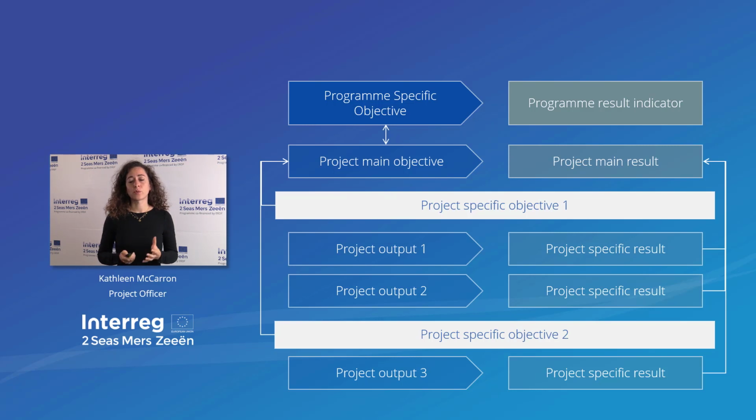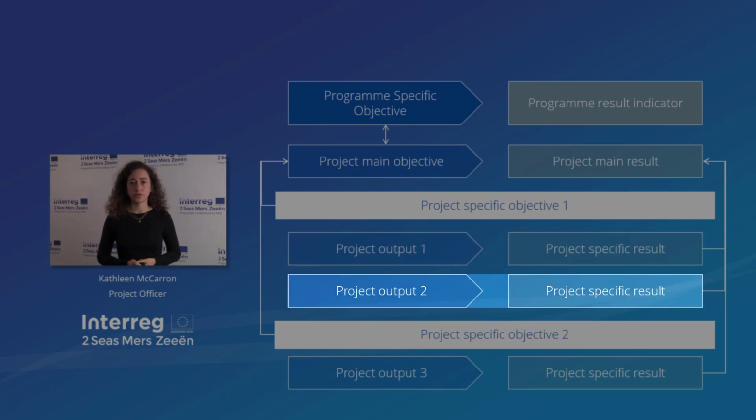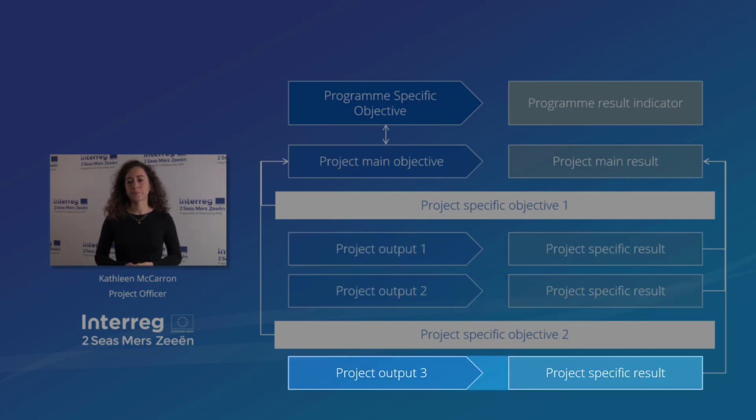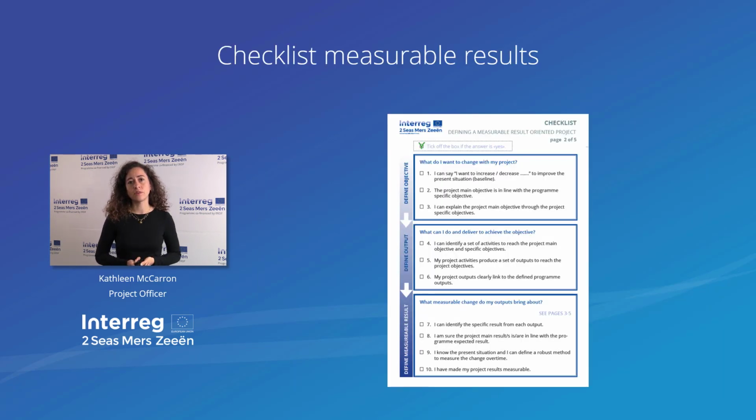This is a section where we want you to report on the specific results that have been achieved by the different outputs produced by your project. When you started working on your project, you might have come across a checklist for measurable results that was drafted by the program.